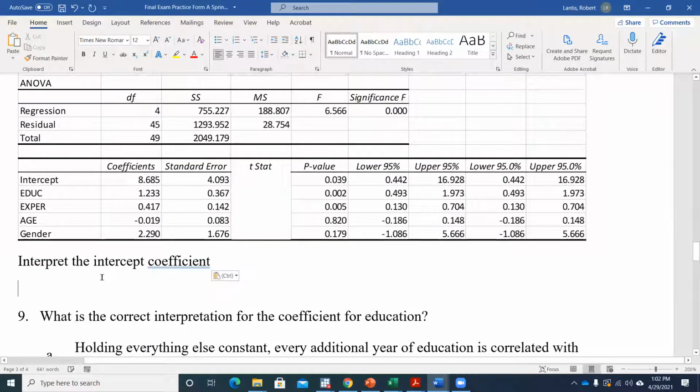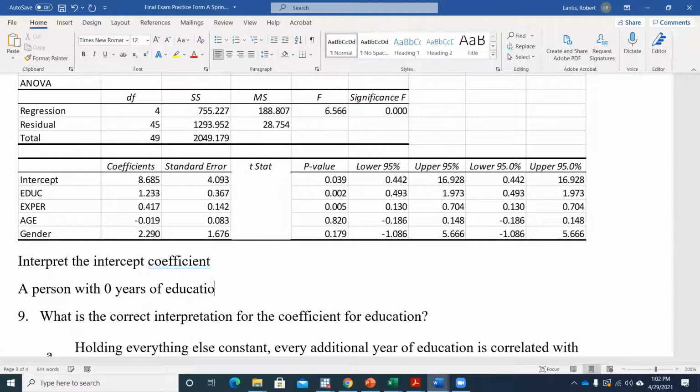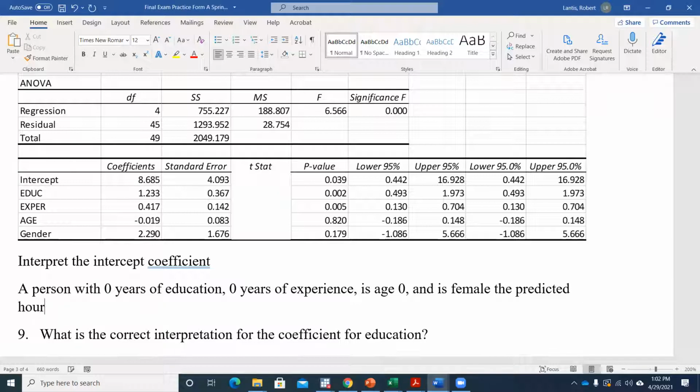So a person with 0 years of education, 0 years of experience, and this is where it'll get weird sometimes, is age 0, and the 0 category for our gender variable is female. The predicted hourly wage would be whatever that coefficient is, which here is 8.685, I guess.